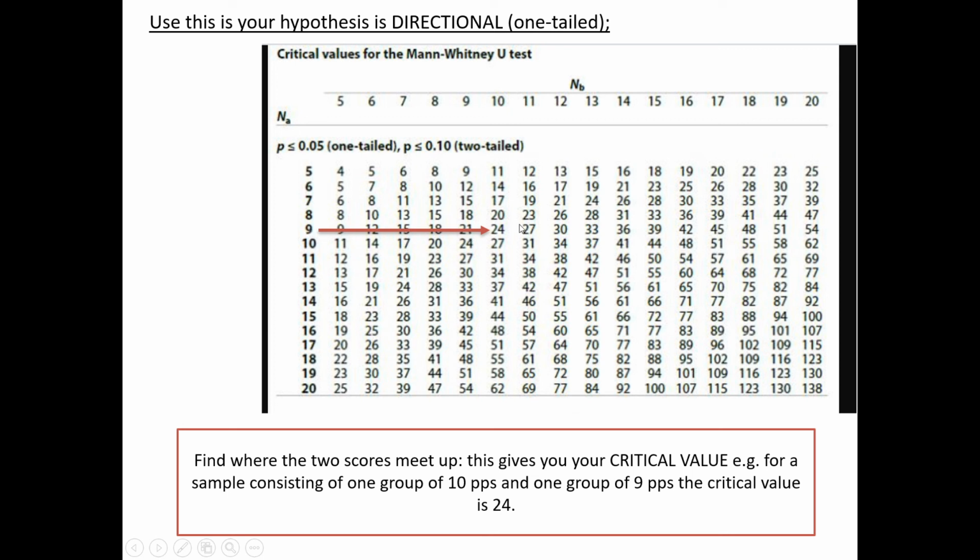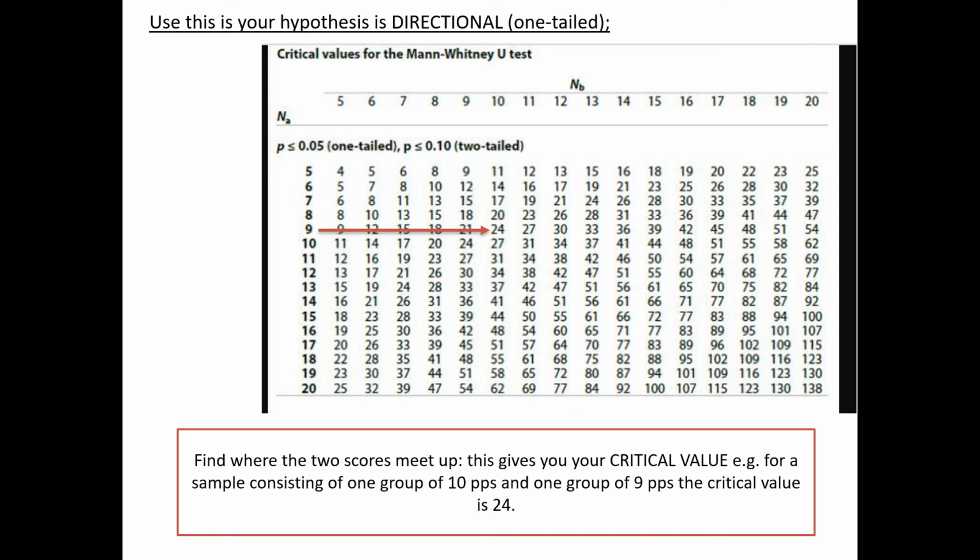Yeah, so group B has 10 participants, group A has 9 participants, or largest group has 10 participants, smallest group has 9 participants. And you can see if you do it the other way around, you get exactly the same sum anyway. If you go 9 there, 10 there, doesn't massively matter, to be honest, as long as you've got your sample numbers correct.